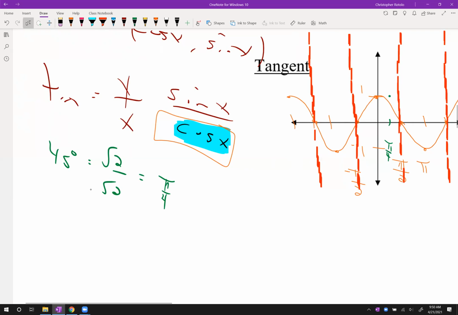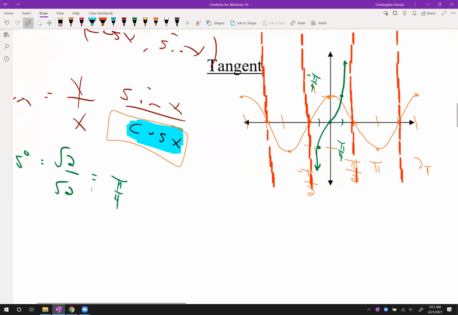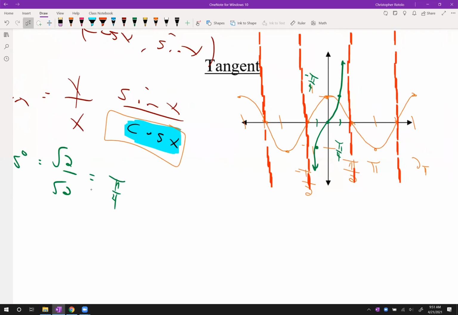And if I marked negative pi over 4, now I'm intentionally putting up here because it's going to give me negative 1. Okay, so I'm going to hit these 3 points and then stay within those vertical asymptotes. Okay, this is simply going to repeat and repeat and repeat. Okay, so if I can get my spacing just about right, get these taken care of.